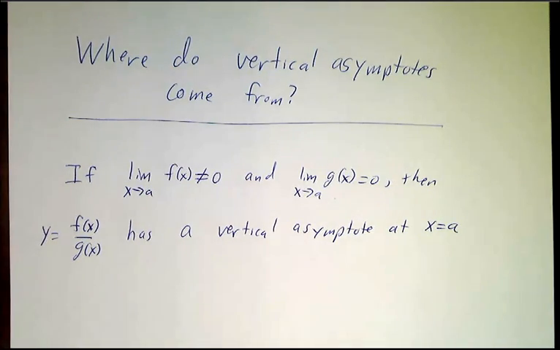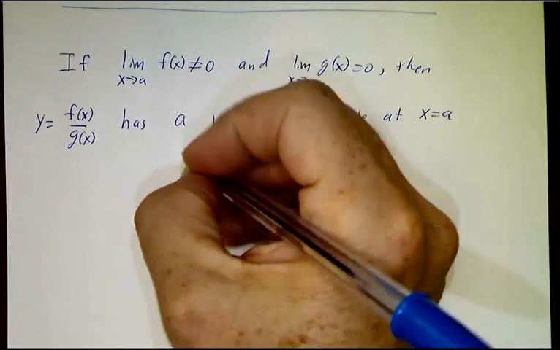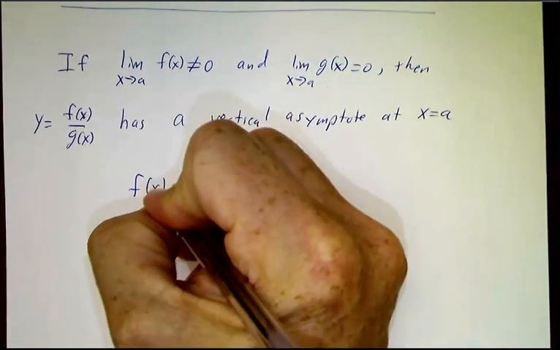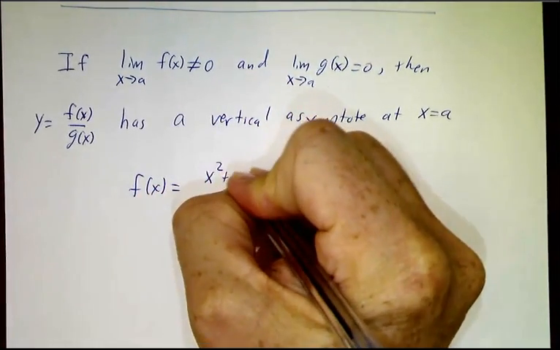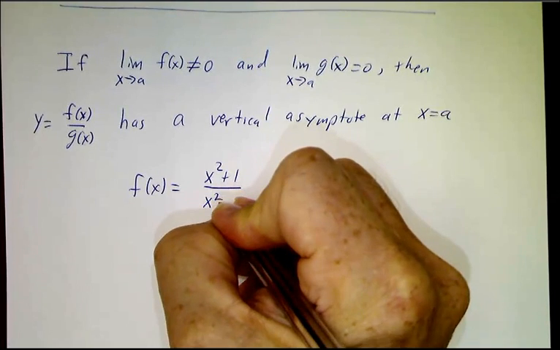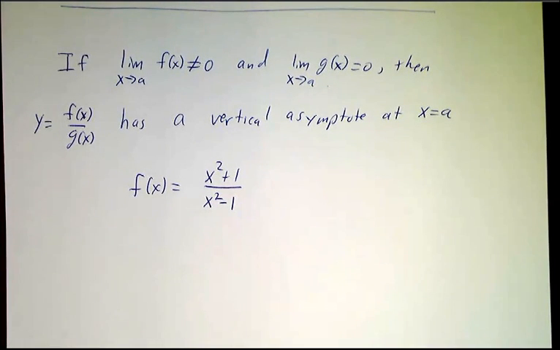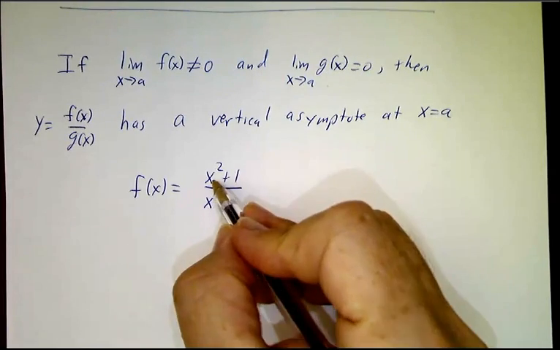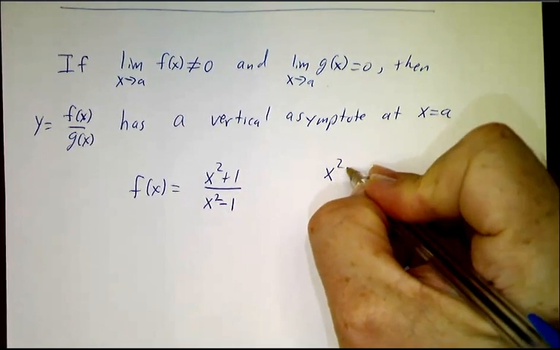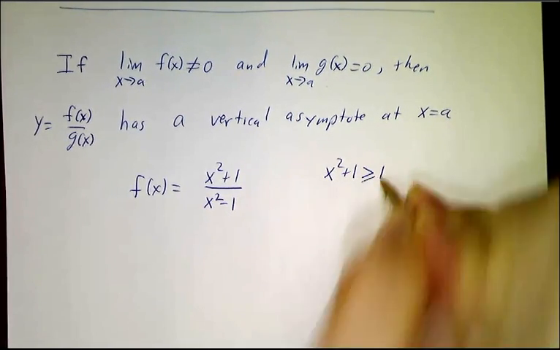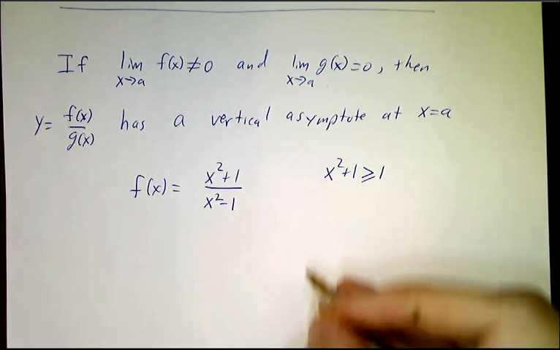So as an example, let's look at the function f of x is equal to x squared plus 1 divided by x squared minus 1. So the numerator never goes to 0. The numerator is always at least 1. Never goes to 0.